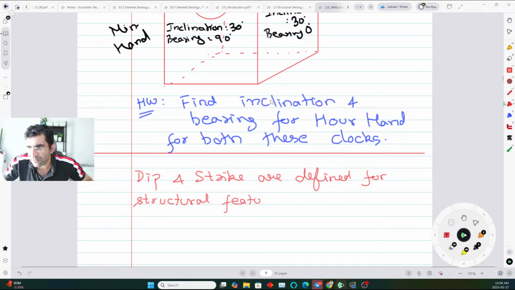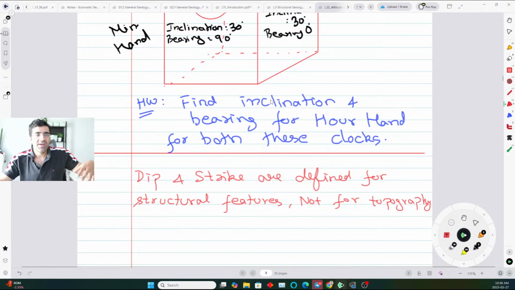They are defined for structural features, not for topography. So for example, if you have a mountain, let's say Mount Everest has a slope, the surface is sloping down. Don't ask what is the dip and strike of that surface. Okay, if Mount Everest has internal structural layering in it, for that you have to ask the dip and strike.